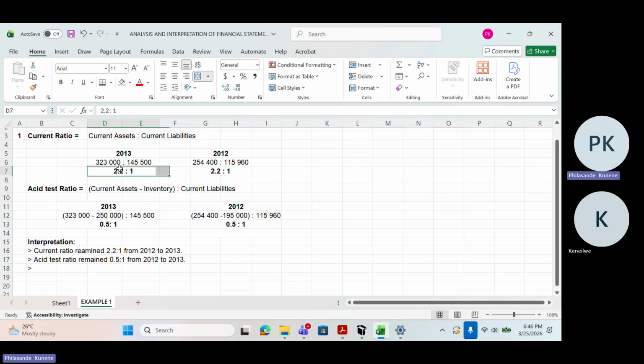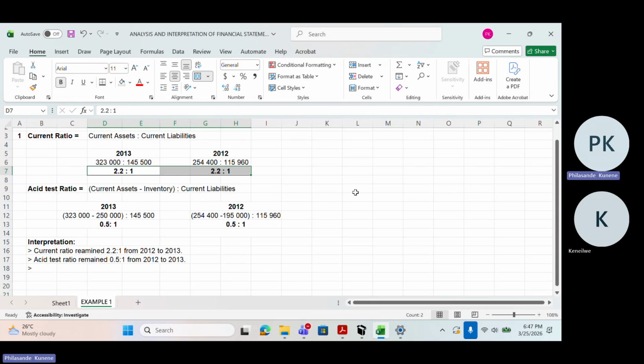Does the current ratio indicate that the company will be able to meet short-term obligations or not? It indicates that the company would be able to meet the short-term obligations. Exactly, because our current assets exceed the current liabilities, right?